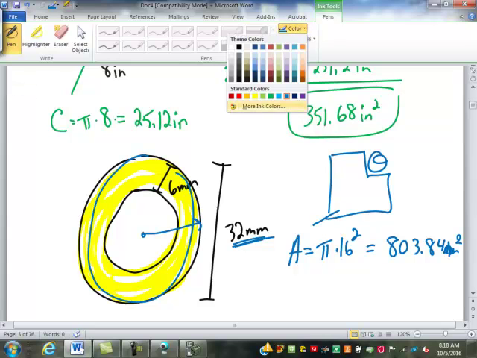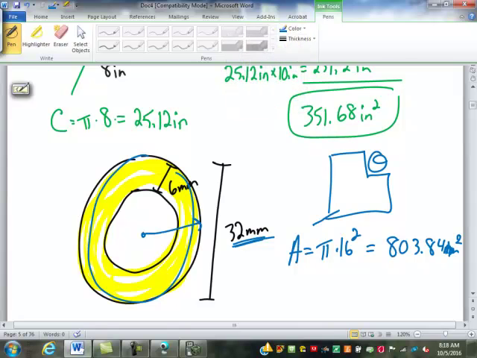And then I can subtract out the smaller circle. What's the radius of that smaller circle going to be? Well, if it's 16 all the way out to here, this is 6. I subtract, this has to be 10 millimeters. So that area is pi times 10 squared, or 314.16 millimeters squared.